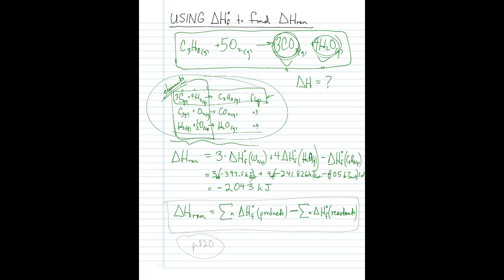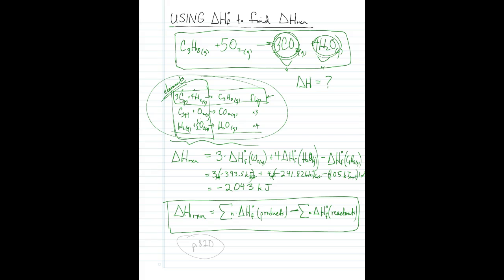Take each of the products, look up its delta H of formation, multiply that number by the coefficient, add the next product, multiply it by its coefficient, and just keep going for the products. Then subtract out the same thing for the reactants, and you're done. You've got the delta H reaction. You don't have to add up any component reactions. You can just look it up in the table, and you're good.